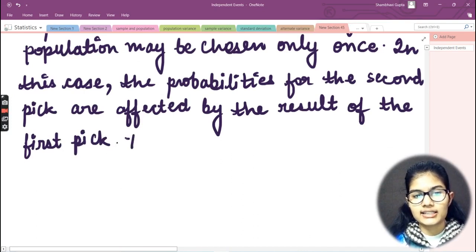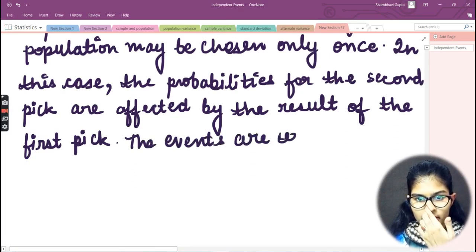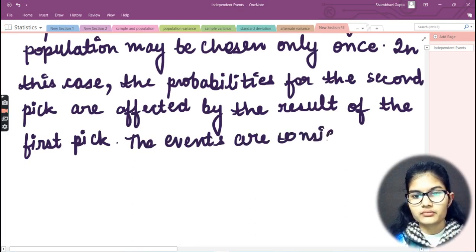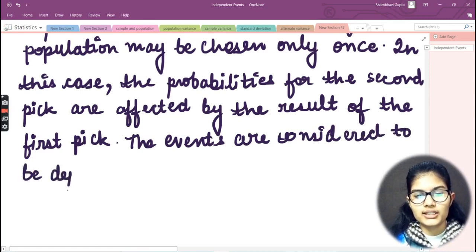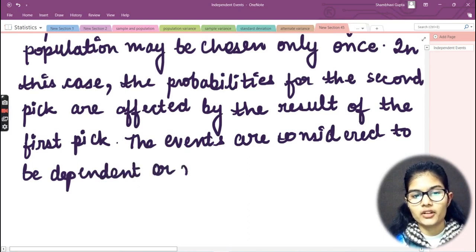and the events are considered to be dependent or not independent.